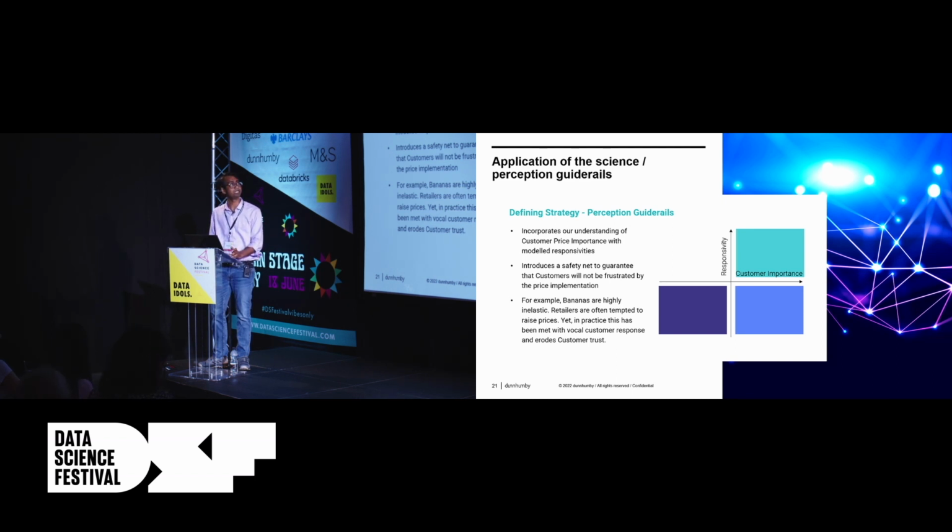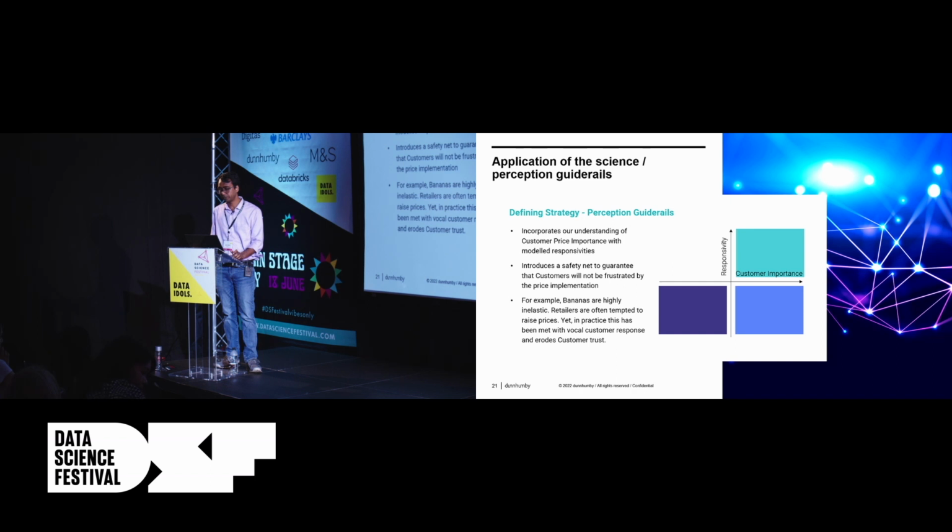So we combine these two metrics, and based on these two matrices, we come up with a different strategy for each product. This helps us provide a guide rail to the final price that we send to the store.